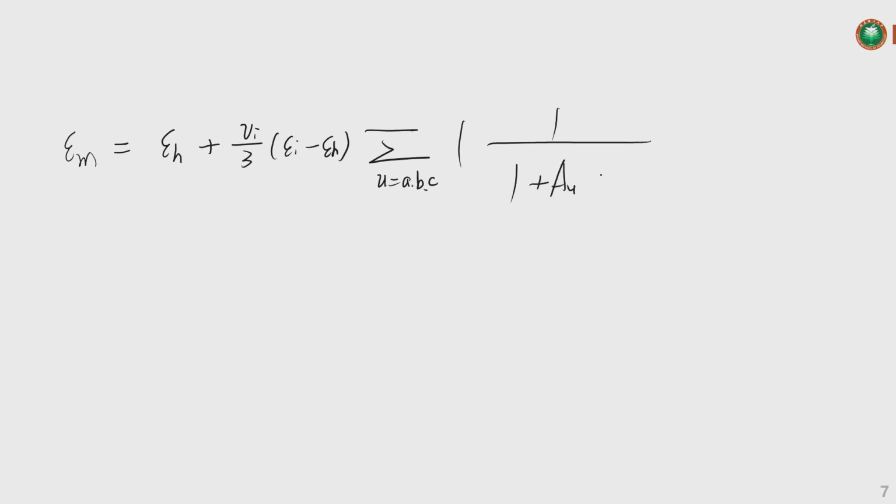It equals the dielectric constant of the host material plus one half of the volume fraction of ice, or the inclusions, times epsilon I minus epsilon H, times the sum over U of the three axes, 1 over 1 plus AU times epsilon I over epsilon star minus 1.